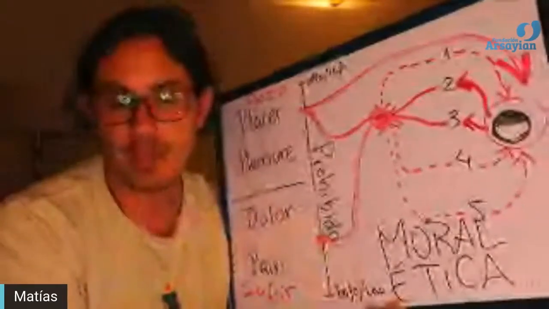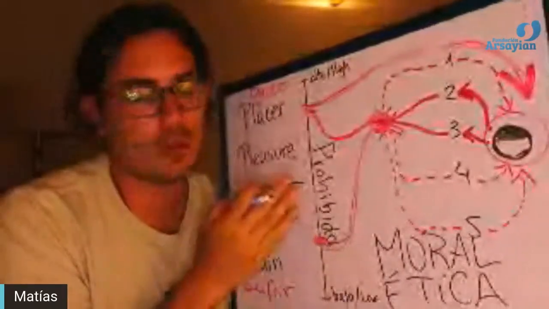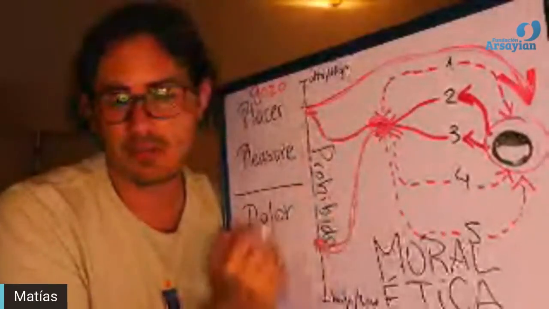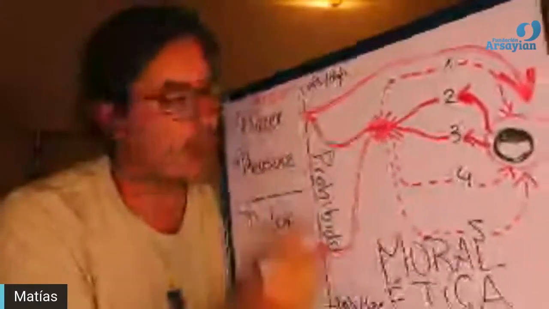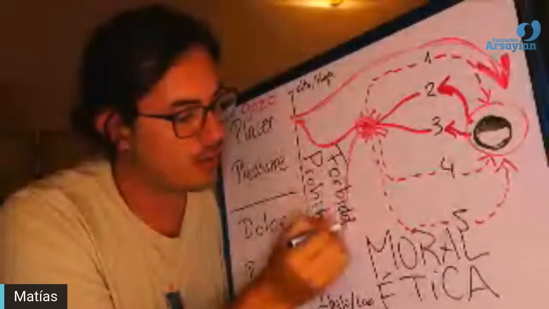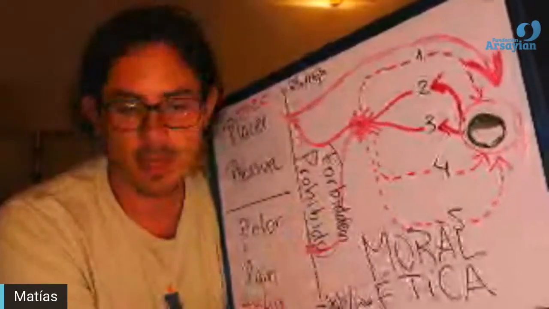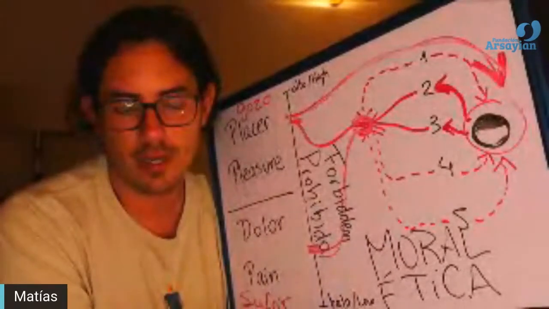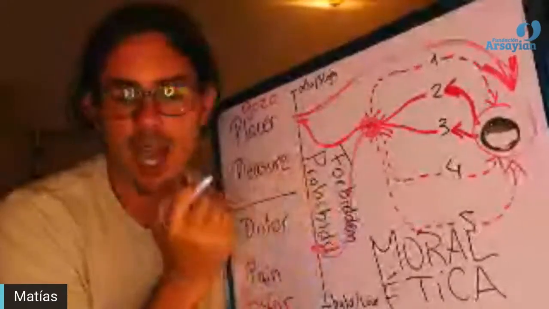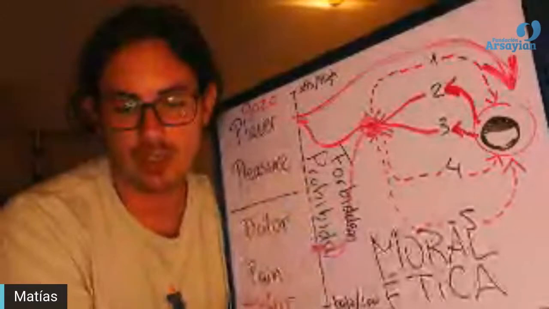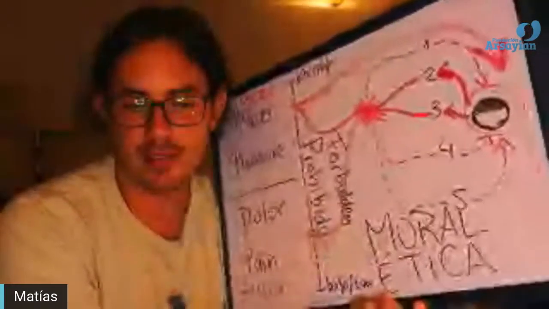So what happened here is that what before was just an interpretation of the brain of what is pleasure and what is pain, now becomes something forbidden. And by becoming something forbidden, it goes straight to the unconscious. It gets into the unconscious because of morality and ethics.